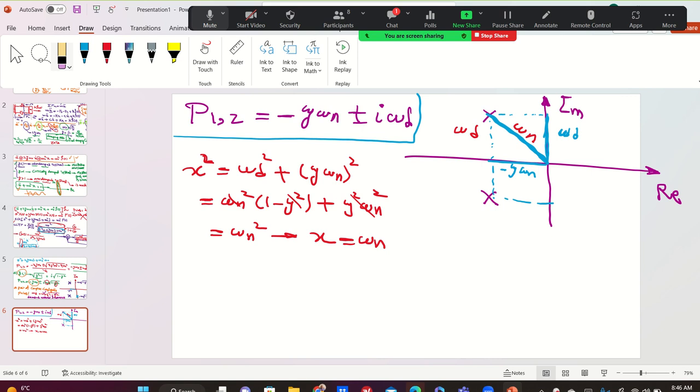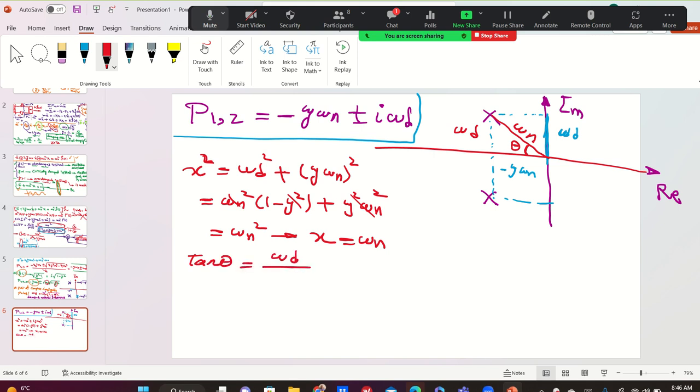Okay, and also this angle is sometimes needed. This angle I'm calling theta. You know that from this triangle, tangent of theta is omega d over zeta omega n, because this is omega n times the square root of 1 minus zeta squared, and this is zeta omega n.